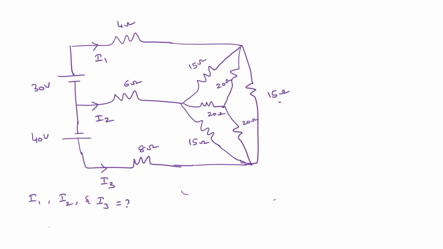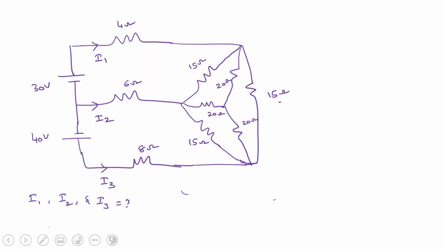So how to solve this one? Star to delta. We will convert the delta first. The inner 20 ohm, 20 ohm, 20 ohm star is there, right? That is forming a delta. The first thing is we need to find its equivalent delta.